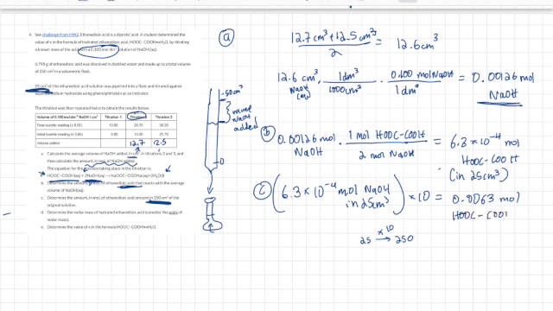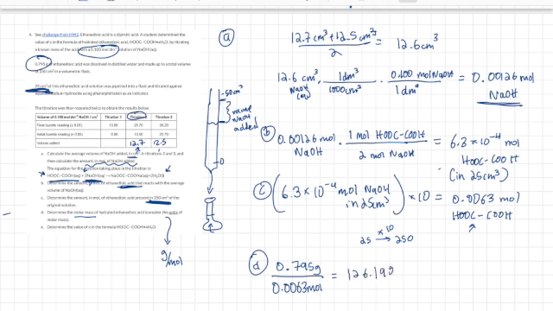HOOC, COOH. Great. Now D, I need to find the molar mass, which is grams per mole in terms of units. The grams of hydrated ethane dioic acid that I have is 0.795 grams, and the moles, 0.0063 moles. 0.795 divided by 0.0063 is 126.19 grams per mole.